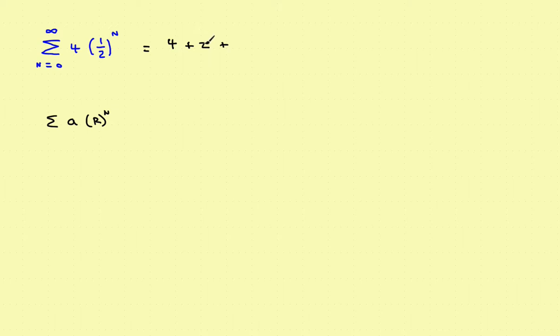So 4 times 1/2 is 2, times 1/2 is 1, times 1/2 is 1/2, times 1/2 is 1/4, and so on. And if you just kept adding these things up, somewhere out here, they're going to add up to some sum.